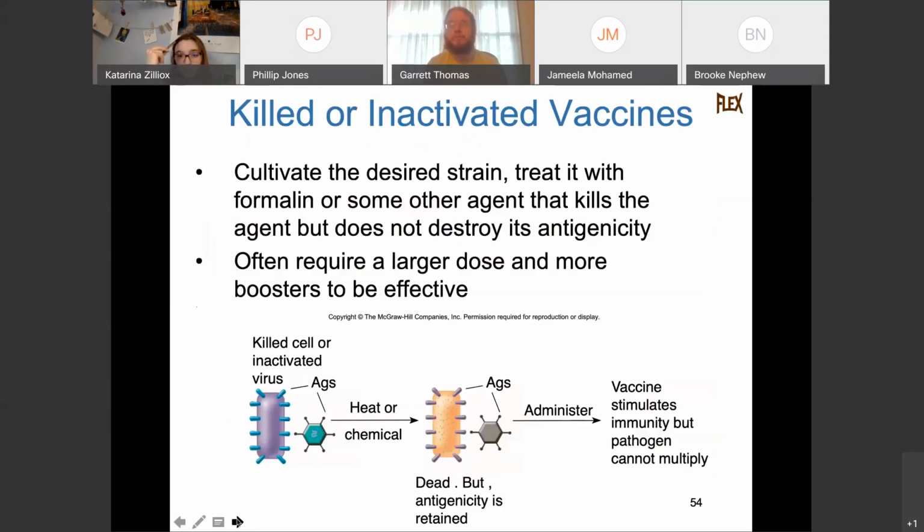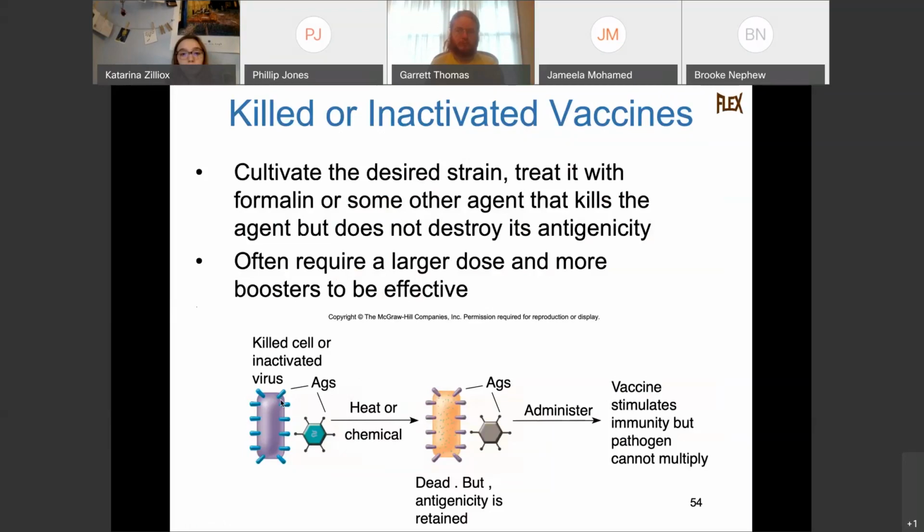All right. So they're talking about killed or attenuated viruses. We want to kill it, attenuate it. And the theory is we want to take those antigen-provoking pieces, the HLA or those specific antigens that make that virus, bacteria, whatever, foreign. We want to take that particle, inject it, and make sure it's dead. We give it that little piece so the immune system can grab it and say this is foreign.